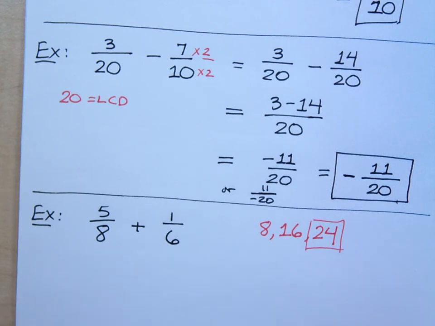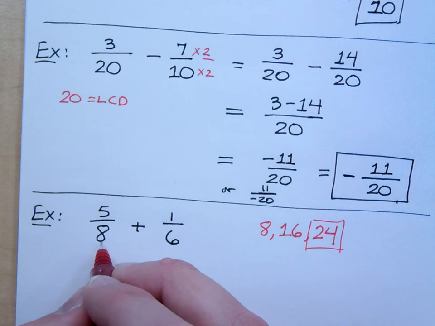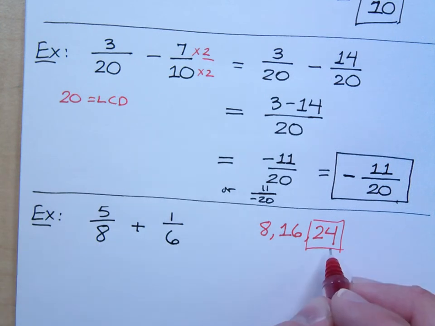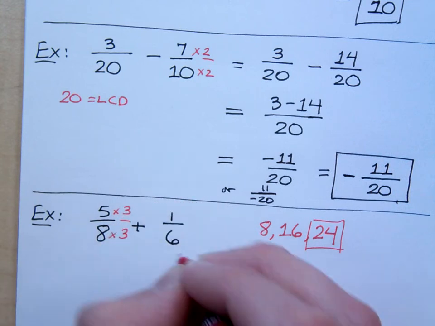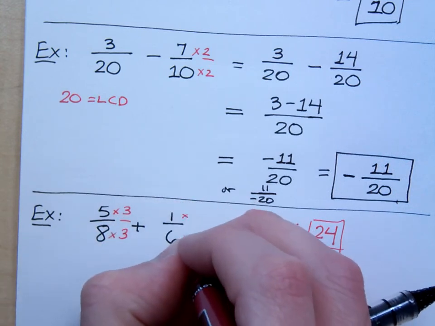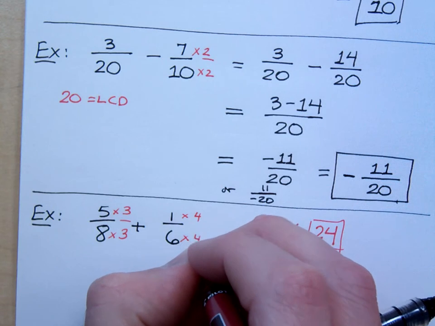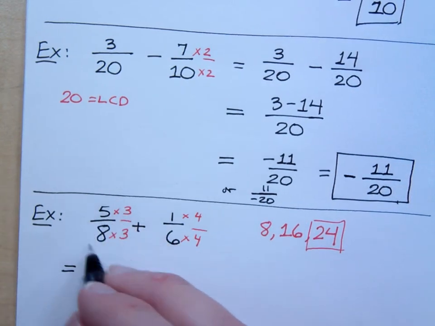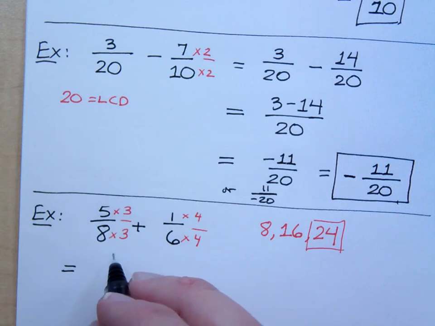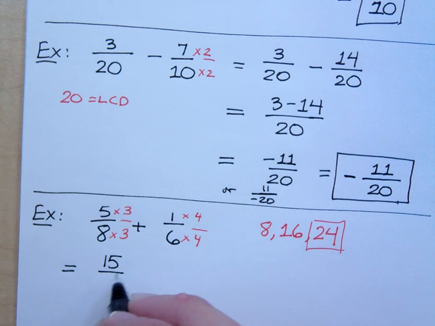So if we were to scratch this out, what does 8 need in terms of its factors to become 24? 8 times what gives you 24? 3. So you're missing a factor of 3 here. What is the 6 missing? 6 is missing 4. Check your math when you do this. What happens here? 5 over 8 becomes what? 15 24ths.